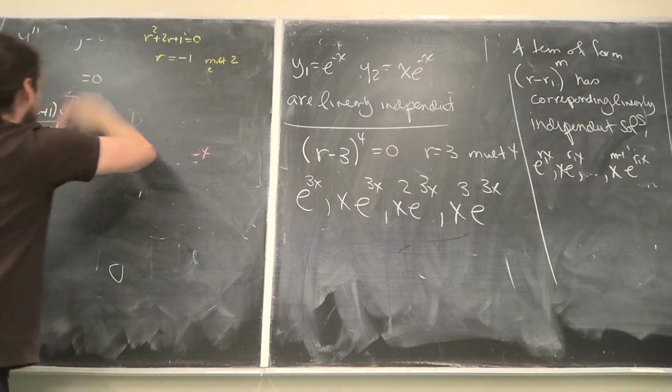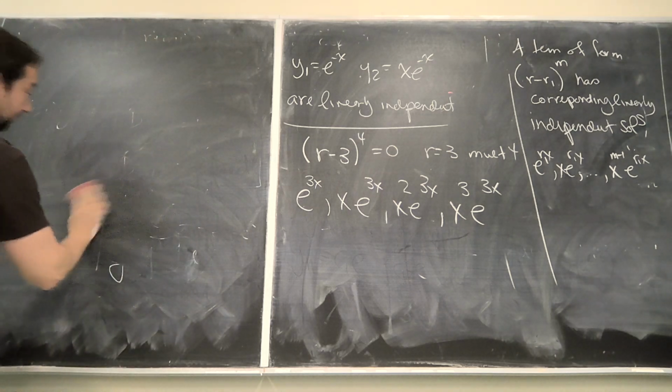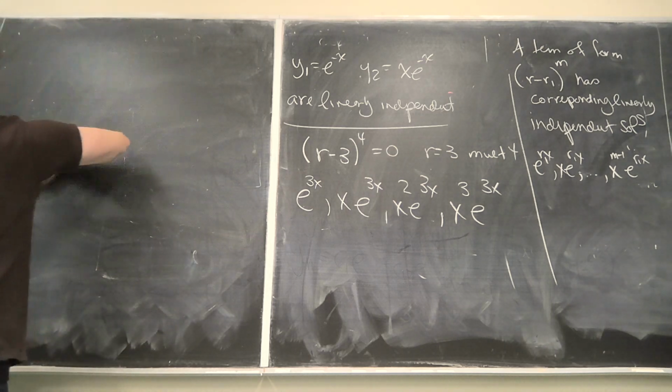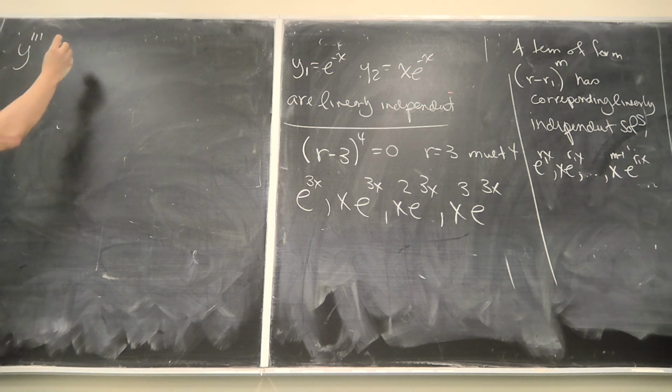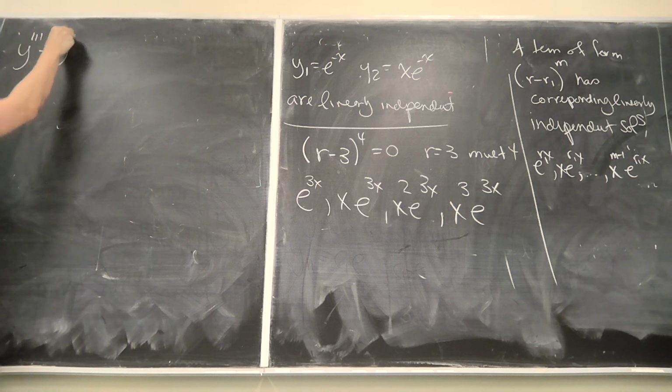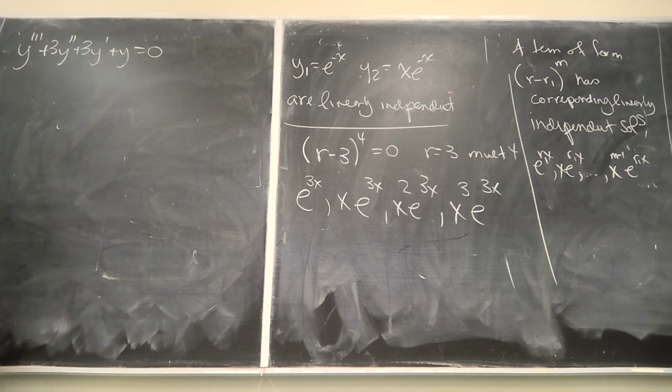Okay, so what that means is that we can handle a more sophisticated set of problems. y triple prime plus 3y double prime plus 3y prime plus y is equal to 0.